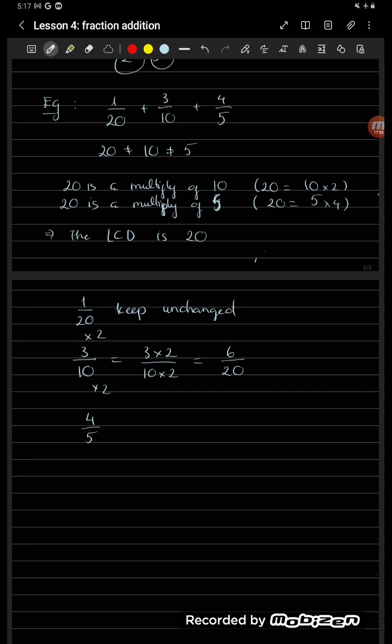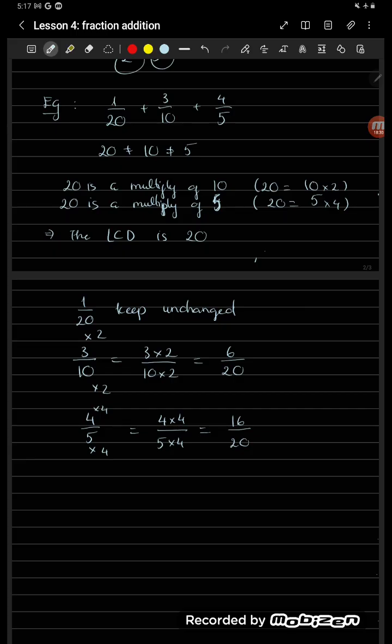We already know from above that 20 is equal to 5 times 4. So it means we need to times the bottom part with 4. And if we times the bottom part with 4, we need to times the top part with 4 as well, like this. So we have 4 times 4 over 5 times 4, and then the answer is 16 over 20.